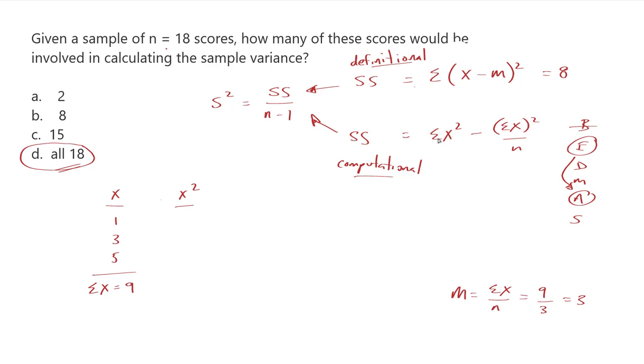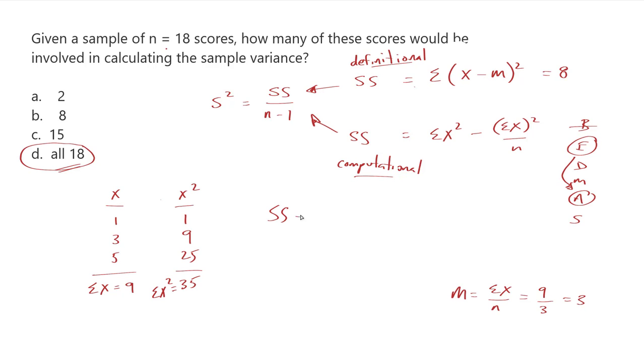So when I'm working out the sum of x squared, I have to do the x squared part first. So each one of these gets squared. So 1 squared is 1, 3 squared is 9, 5 squared is 25. This is 10, 25, this is 35. So the sum of x squared is 35.